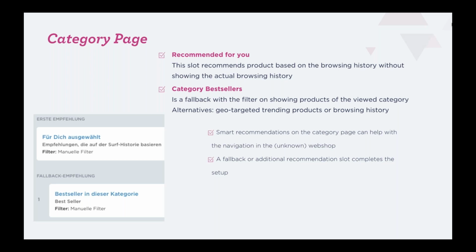So also like in the front page, based on the experience, the category page setup for the Nosto Onsite recommendations would be personalized recommendations as the primary slot with a fallback on the bestsellers filtered on the respective category.